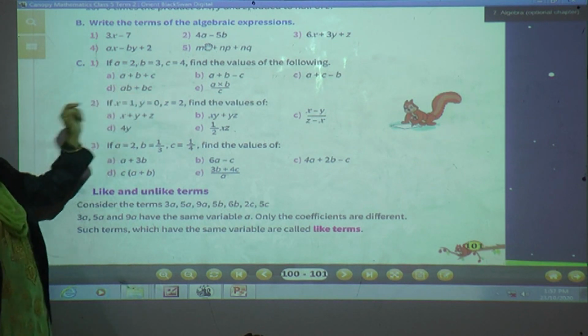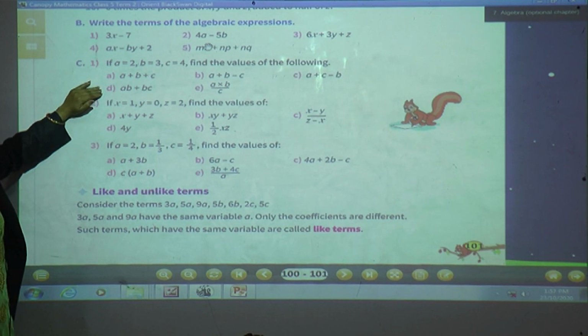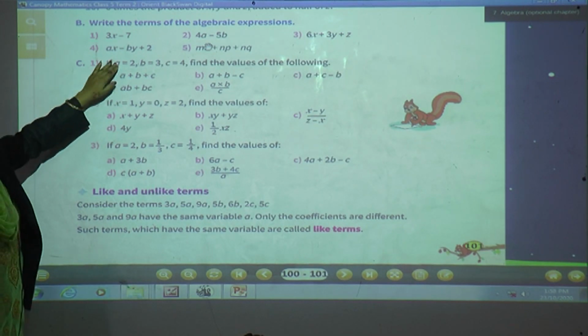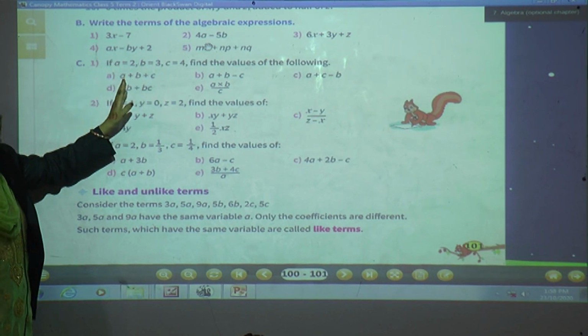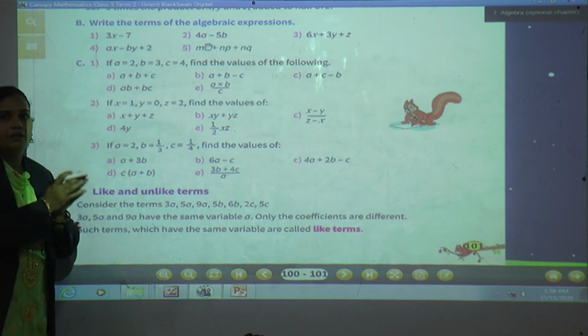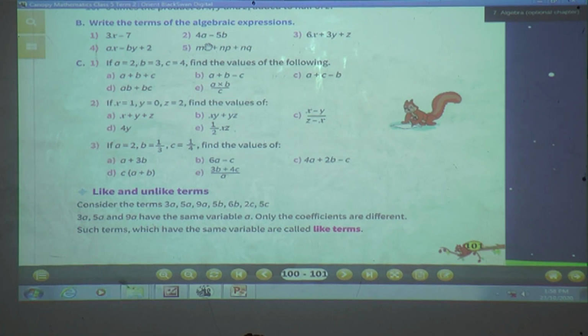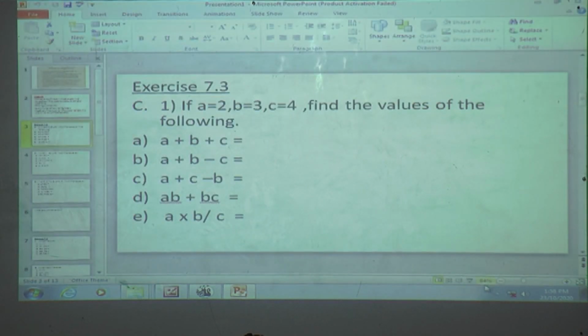Find the values of the following. So here are some algebraic expressions. We have to put in the values of a, b and c, and then we can do the calculation and find the value of the whole expression. So how to do it? We'll see. See here.